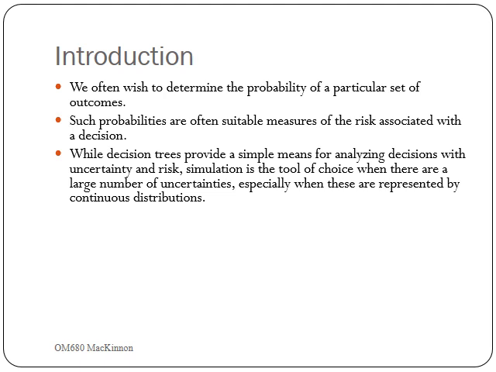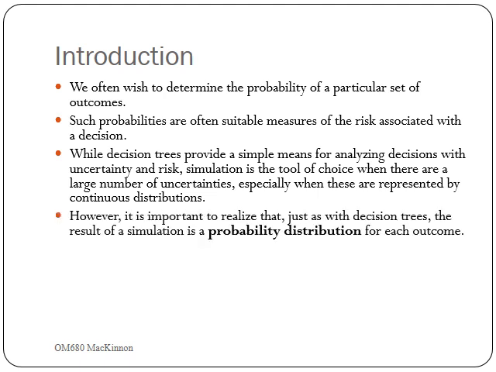Decision trees allow us to make decisions under some uncertainty and some risk. When we're dealing with a large number of uncertainties or complex models, then Monte Carlo simulation is a better method.